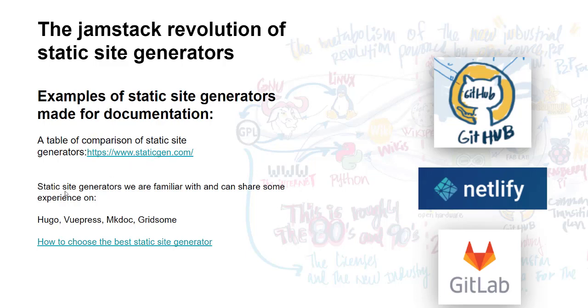I can tell you that our team is familiar with Hugo. I haven't used Hugo, but Andre and Alex have used it. I have used VuePress. I think these guys have also used MkDocs, which is based in Python. And I have used recently a lot Gridsome, which is very nice.